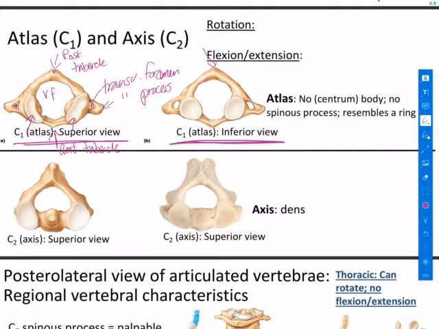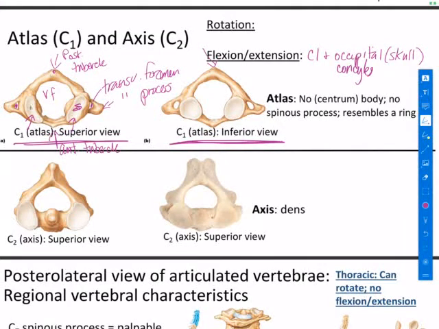Okay. When you nod your head yes, the movement happens between the joint of C1 and the occipital bone of the skull. Specifically, the movement's occurring between the superior articular facets of atlas and the occipital condyles.